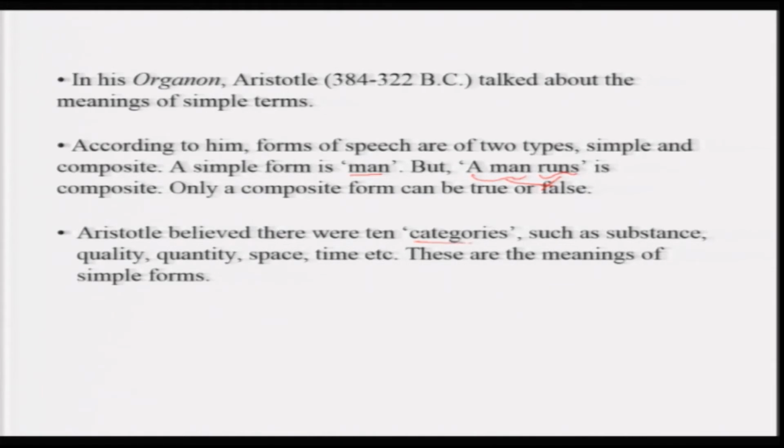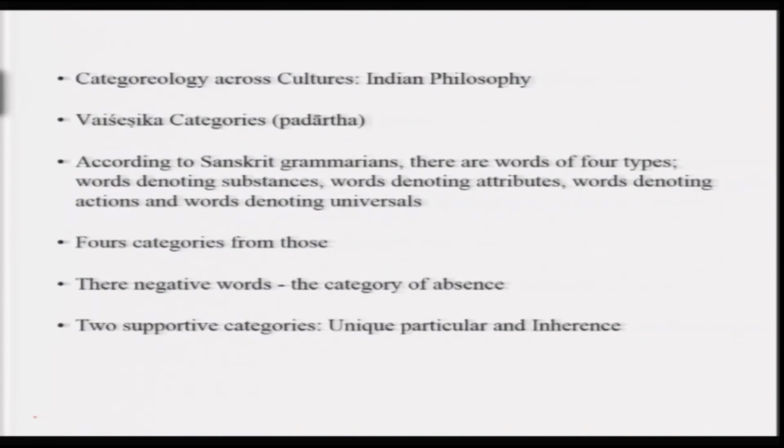But across cultures, we can see that this linguistic or semantic typology as a basis for philosophical understanding is common. We can also see the same tendency in Indian philosophy, especially in Vaishyashika philosophy.